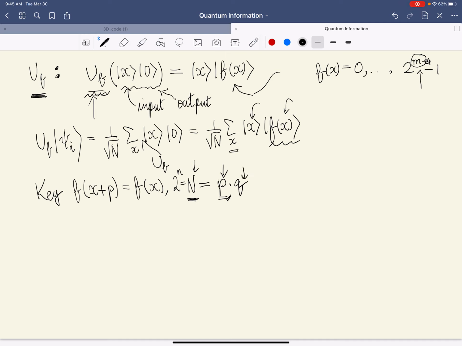So p does not have to be a prime number because we're not going to be necessarily concerned with the problem of factorization into primes. But p is some integer. And this function that we just introduced happens to have this periodic property that if you change the argument of the function by an amount p, then you get back to the original function.